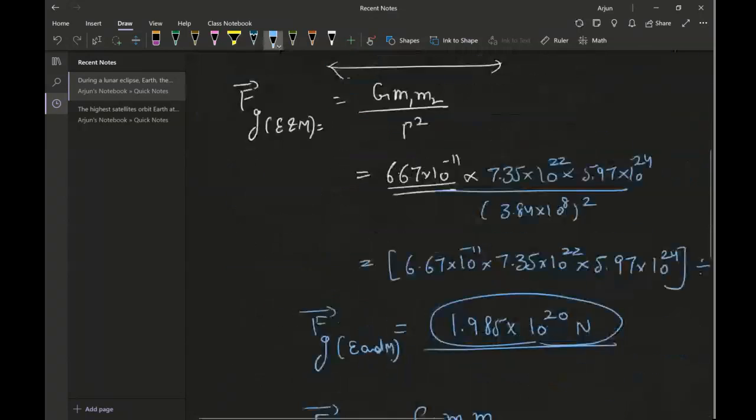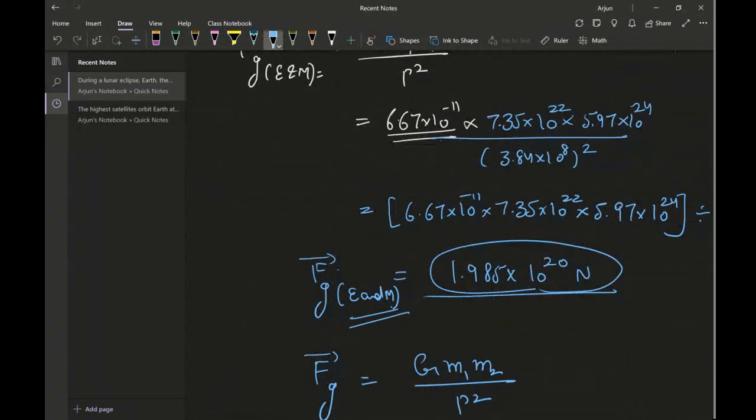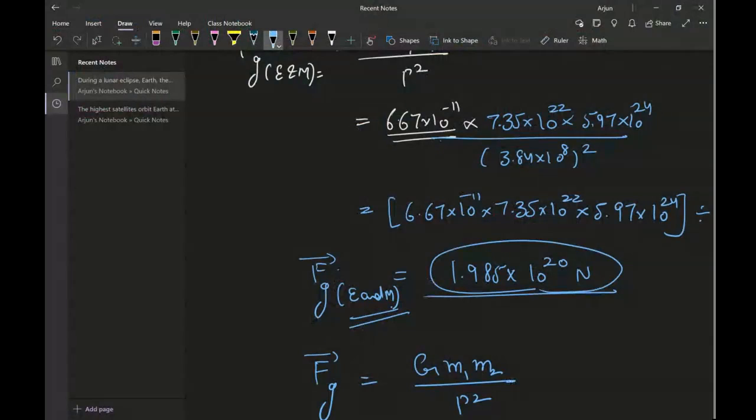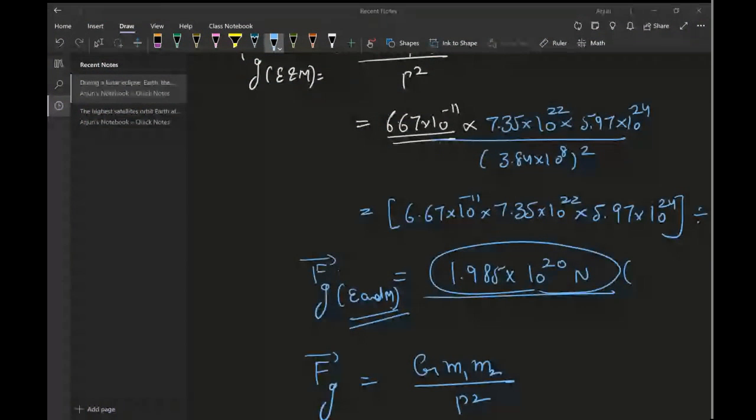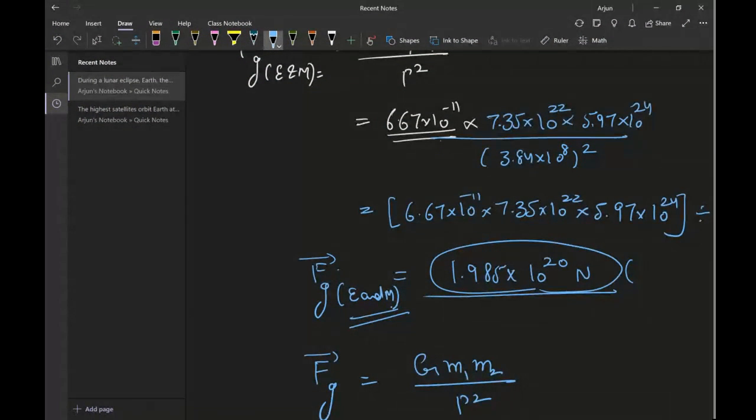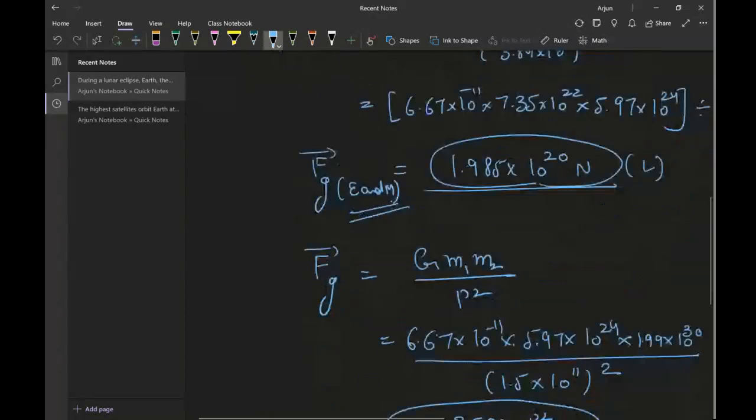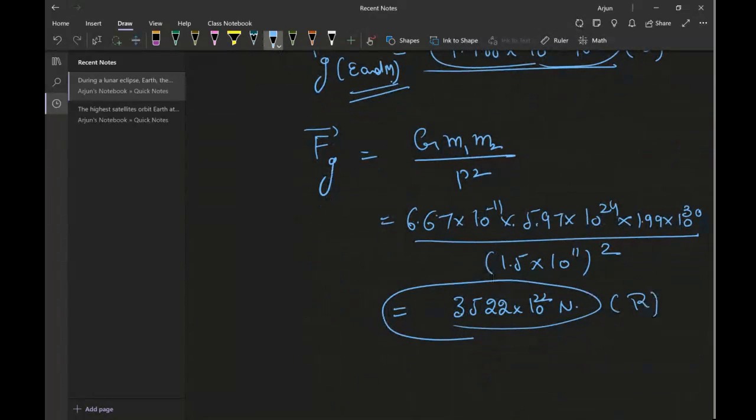We've already figured out the force exerted by the moon on earth, that was in the negative direction. So that will come out to be left, and then this is towards the right hand side.